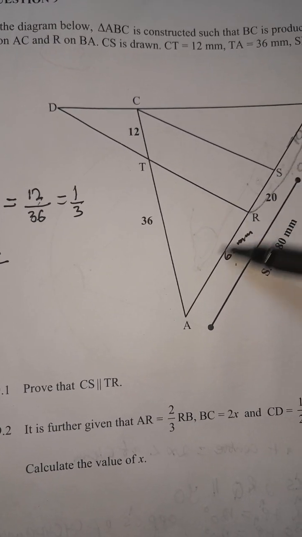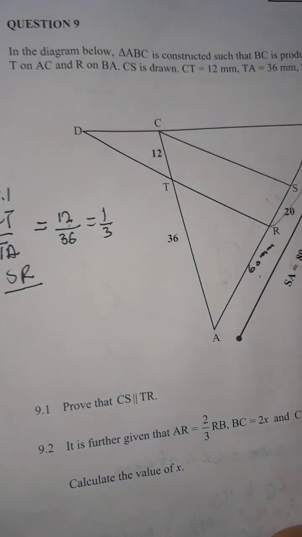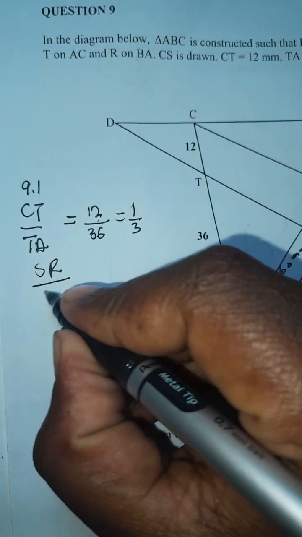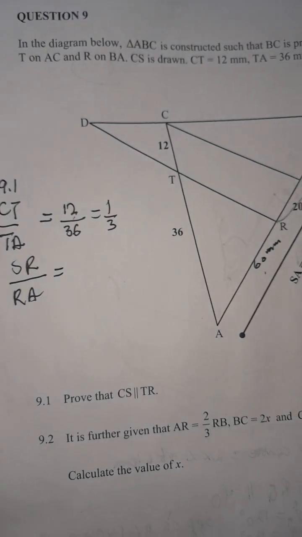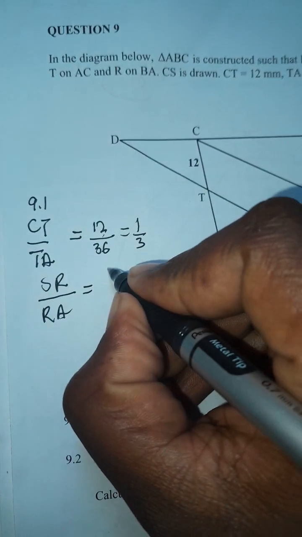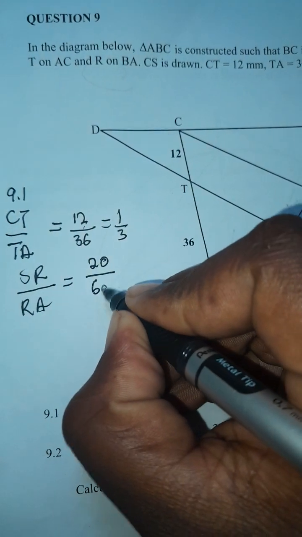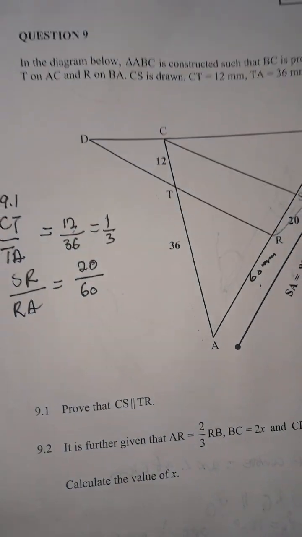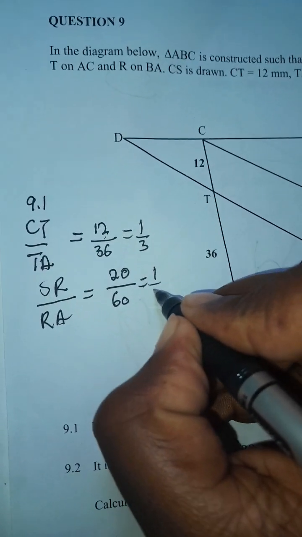You can see they're in proportion. So we say SR all over RA, just as I told you, fill up the missing parts. SR is 20 and RA is 60. Let's punch our calculator. 20 divided by 60 is 1/3, 1 over 3.